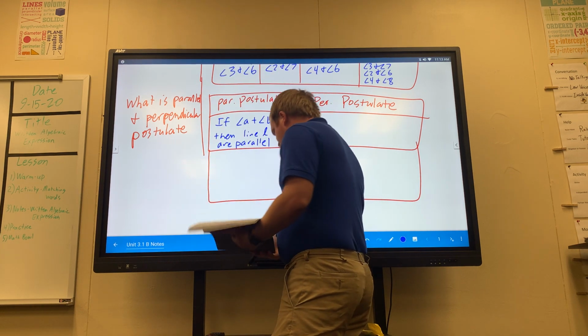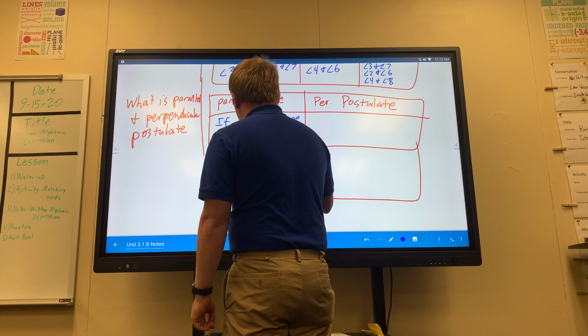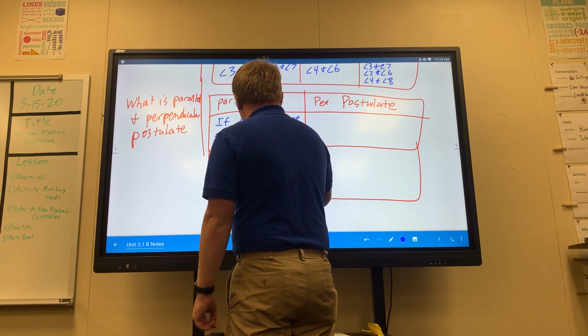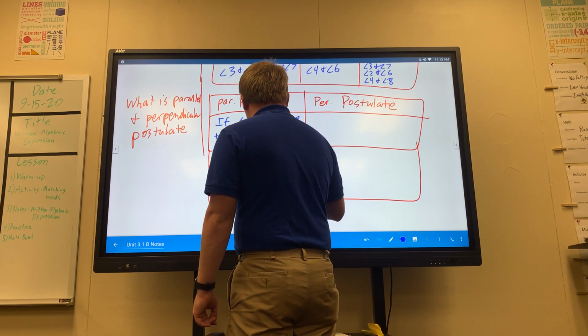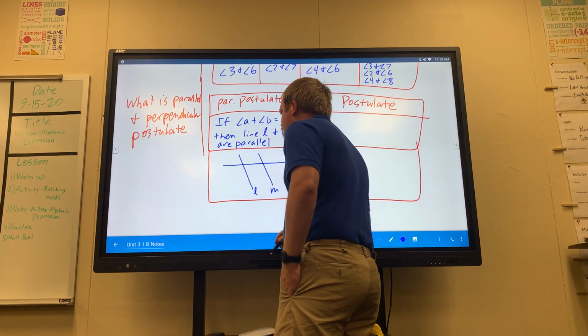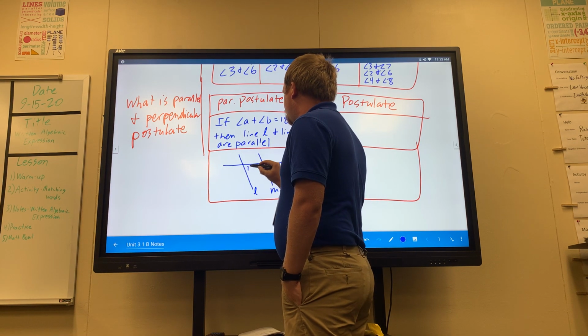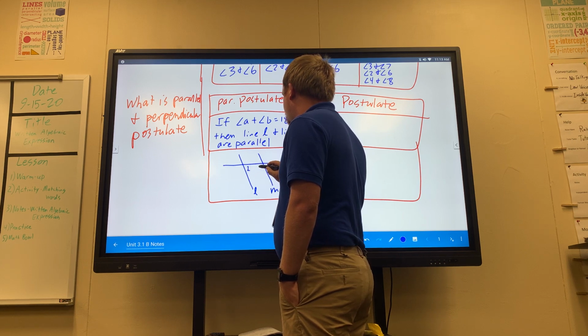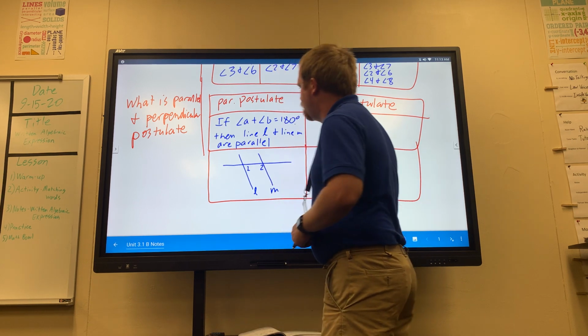So what does that mean exactly? Well, imagine if I have two lines here. I'm going to call this L, I'm going to call this M. And I have a transversal line through here. Imagine this being angle 1, and this being angle 2.